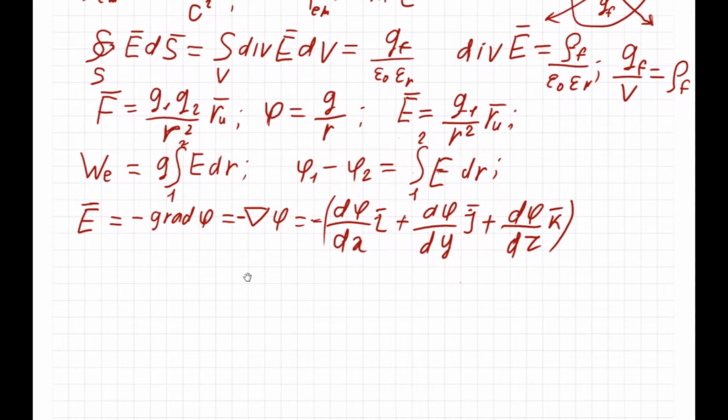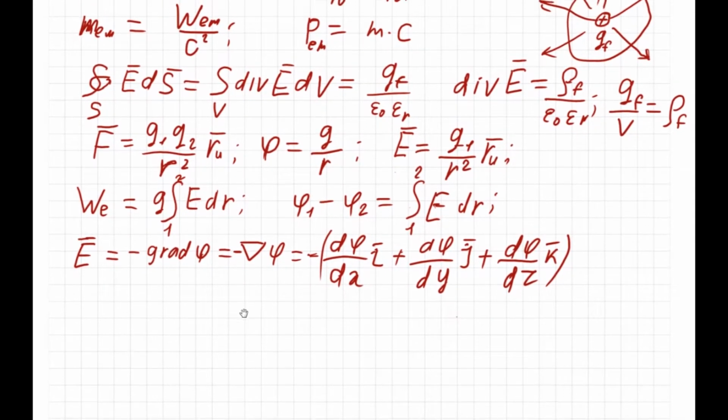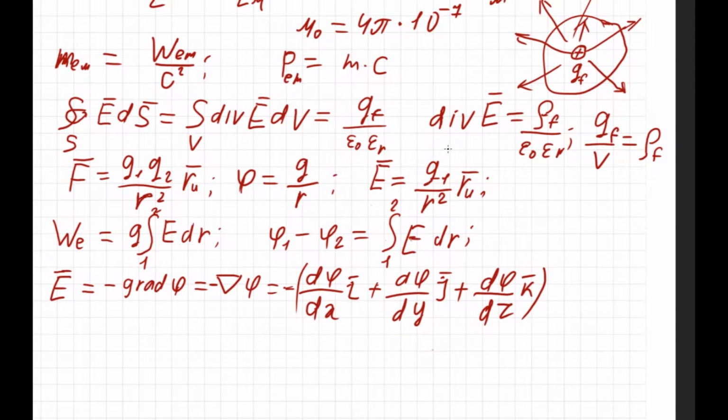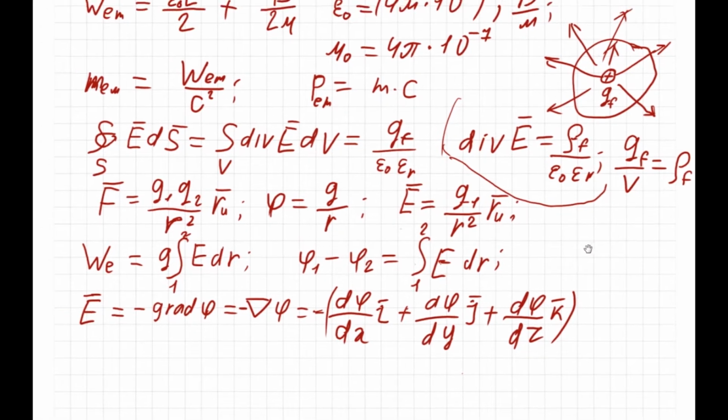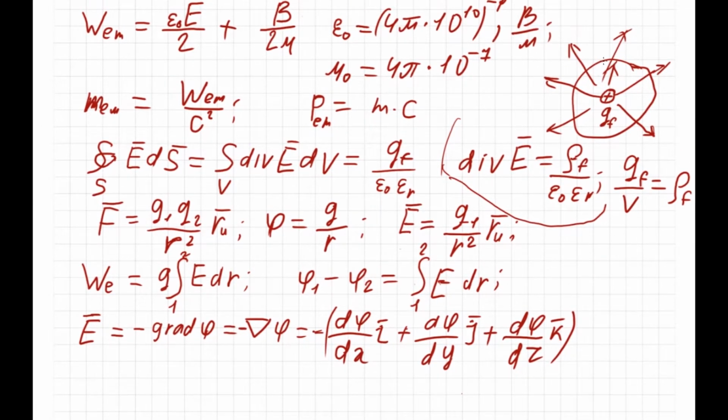And the next formula is the Gauss theorem about electric charge which is surrounded by a closed surface around the charge.